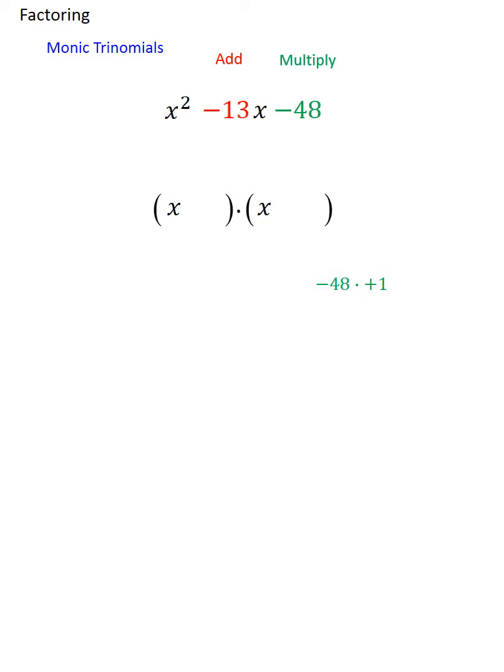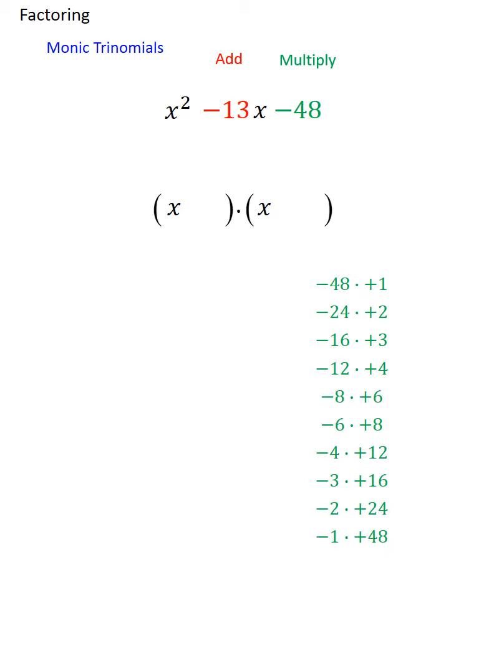Here's an example. Here's another example. Here's another example. And I'm going to continue making a list of all possible ways that two numbers can multiply to make negative 48. If you need to pause the video to confirm that these all multiply to negative 48, now's a good time to do that.